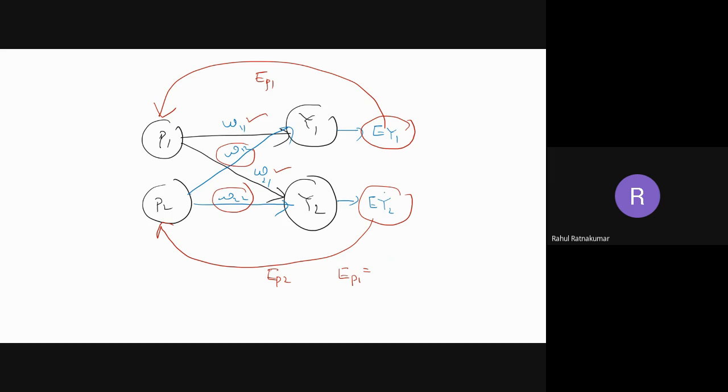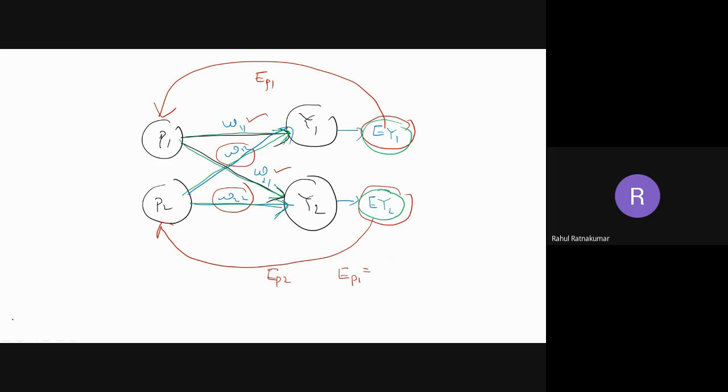At the same time, EY1 is also caused by the P2 input multiplied by weight W12, as well as the P1 input multiplied by weight W11. So this error has to be propagated back to the input.